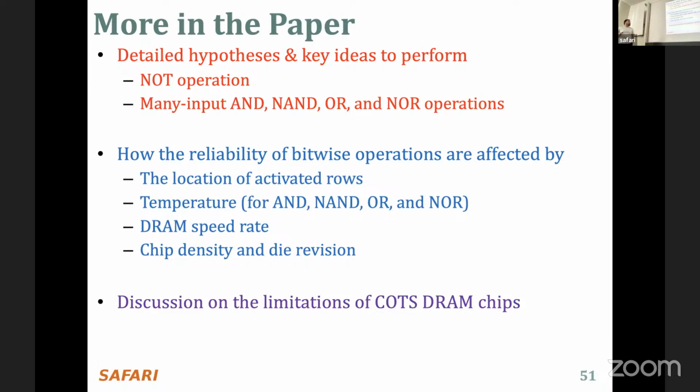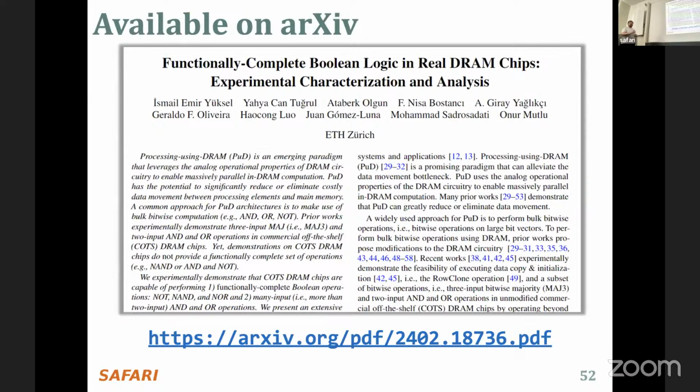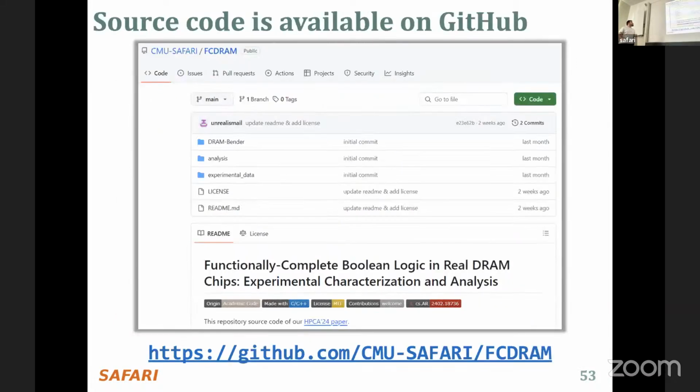And the discussion on the limitations of tested off-the-shelf DRAM chips, the things that we face when we test real hardware. And the paper is available on arXiv, and our source code is also available on GitHub. If you have an FPGA that supports DRAM vendor testing, you can go and play with the experiments and try to find new things.